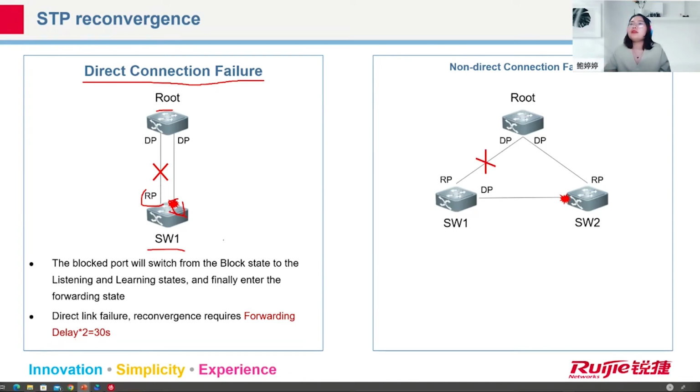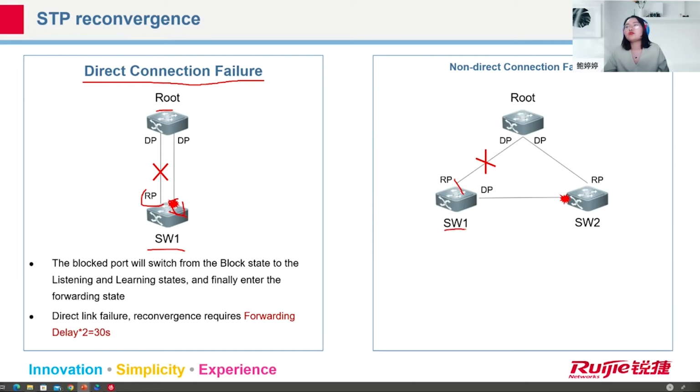And another one, if it is a non-direct connection. Now, for example, switch 1 has the RP, has the DP, and now we're blocking on switch 2. In this scenario, if the switch 1 link is broken, right?